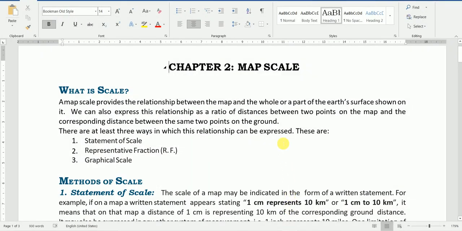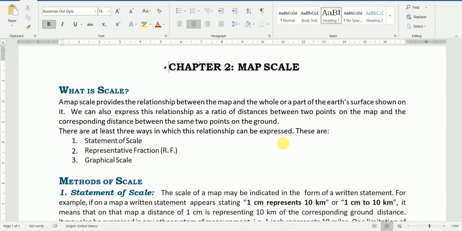So Chapter 2, Map Scale, and about the concept and the meaning of a scale we have learned in the previous lesson. Let us read again.